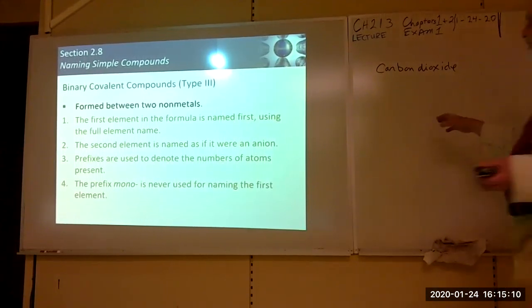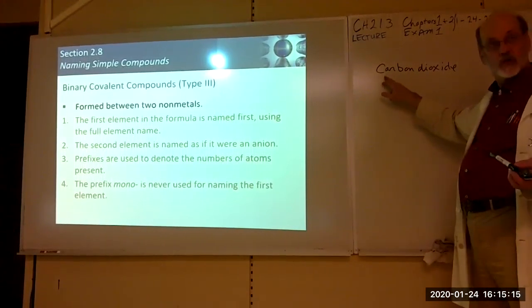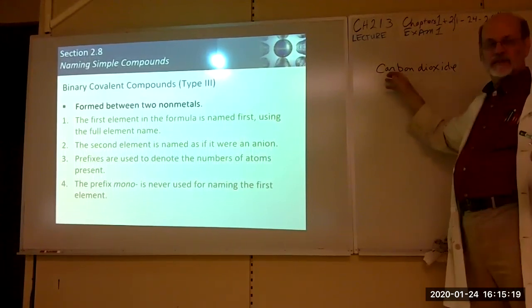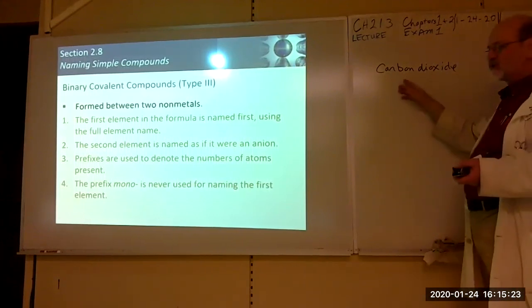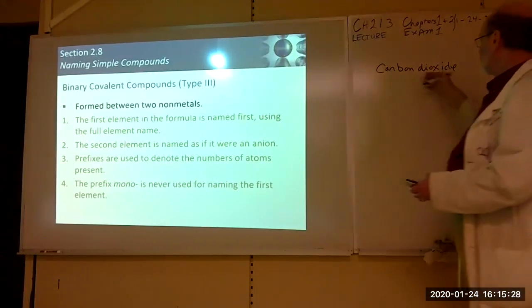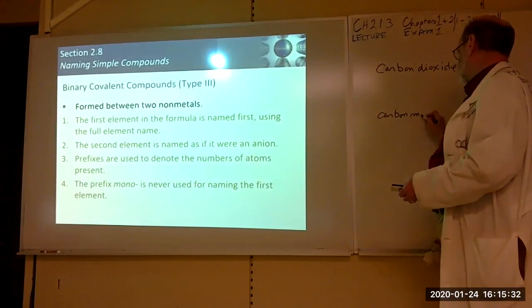And this name does. We don't say 1 or mono for this one, because if you got the name, there's always 1. By convention, if the second one is only 1, you will say mono. So this is carbon dioxide, you could have carbon monoxide.